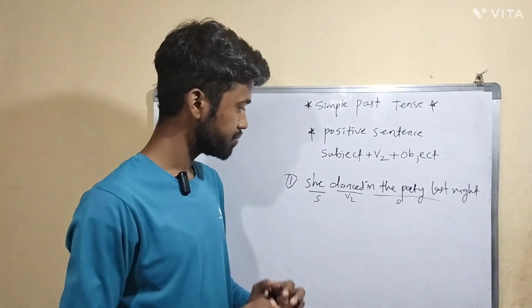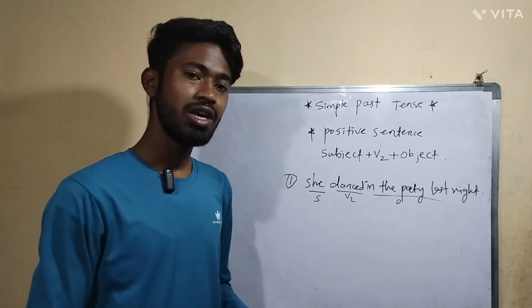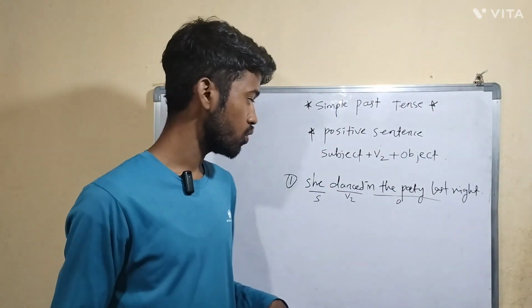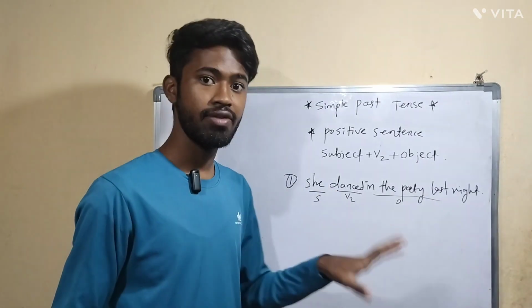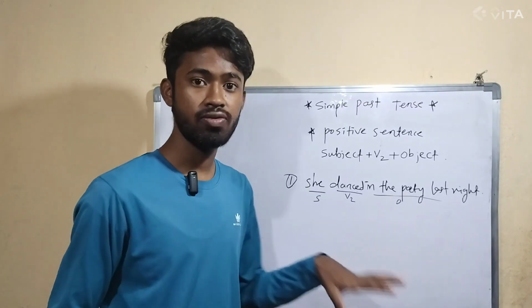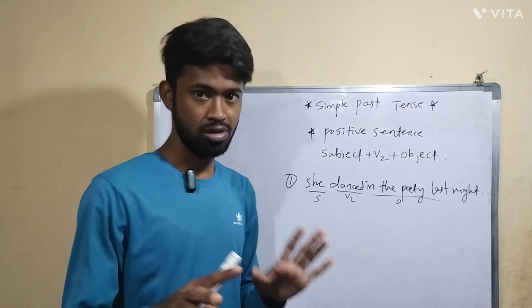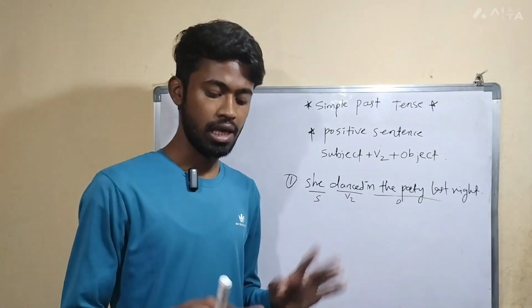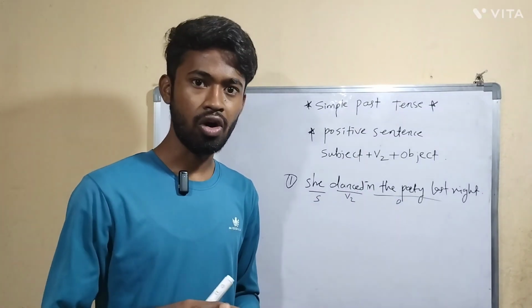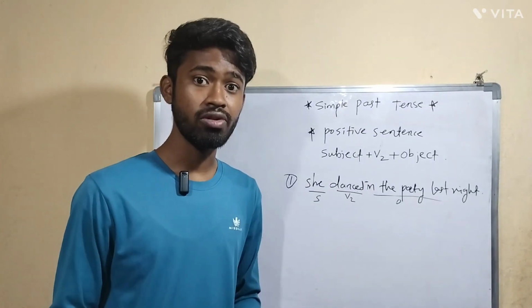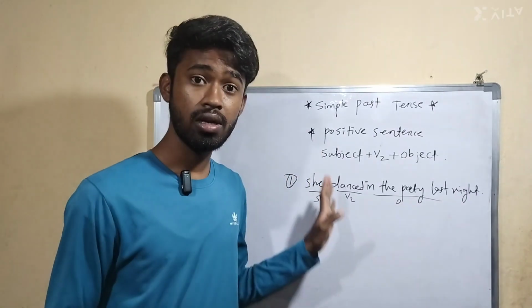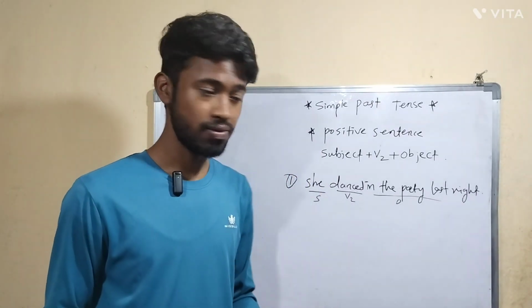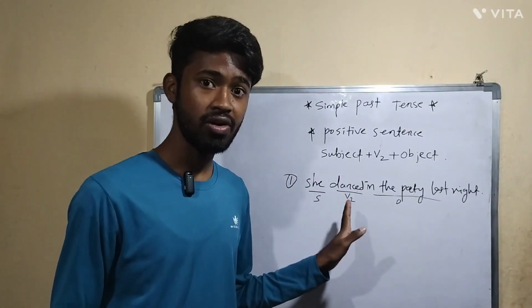Now see here, one more thing: we don't have any specific rule that for singular we have to use this and for plural subjects we have to use that. There is no such rule here. In all the tenses you have seen that, even in simple present tense, there is a specific rule. With singular subjects and with plural subjects we have to use different kinds of verbs.